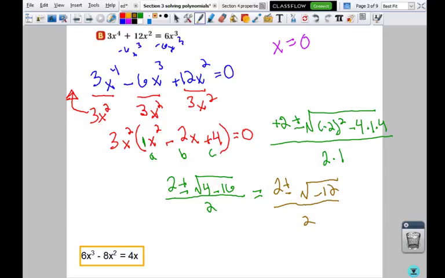So what do I got to do? Because I cannot square root a negative, I'm going to go 2 plus or minus i square root of 12. And then the whole thing is going to be divided by 2. Imaginary numbers. Yes.